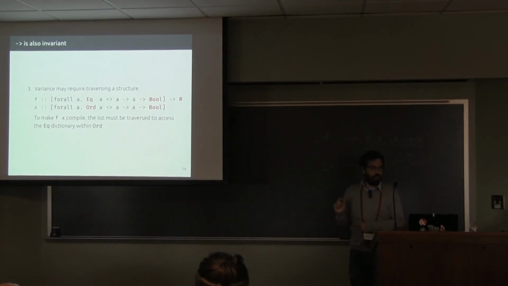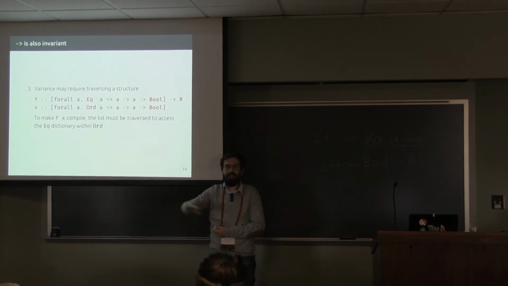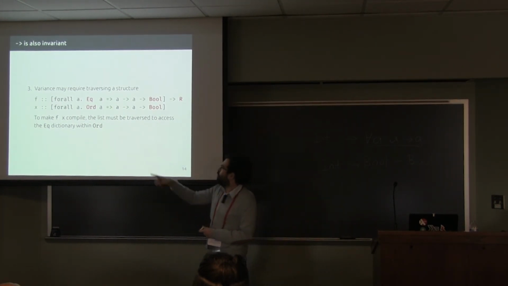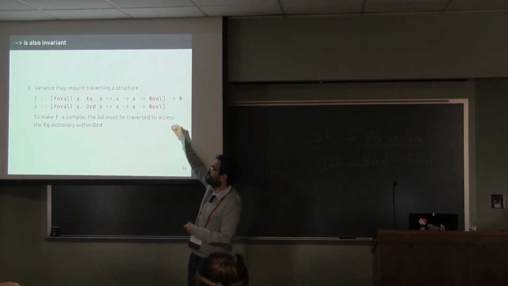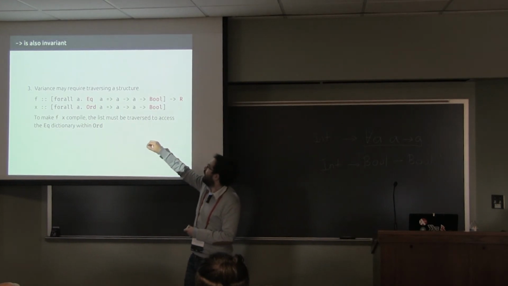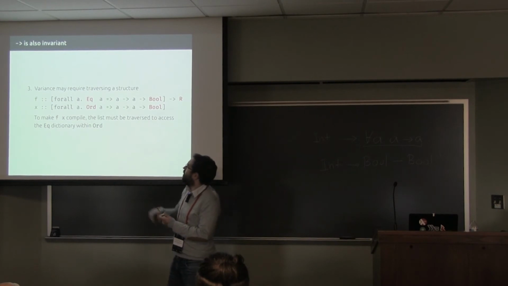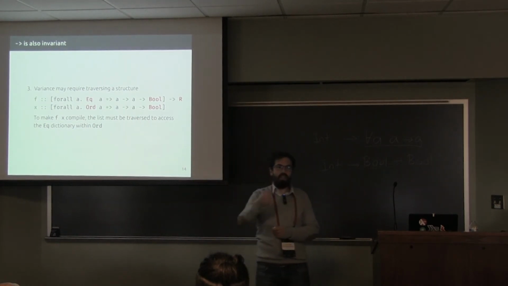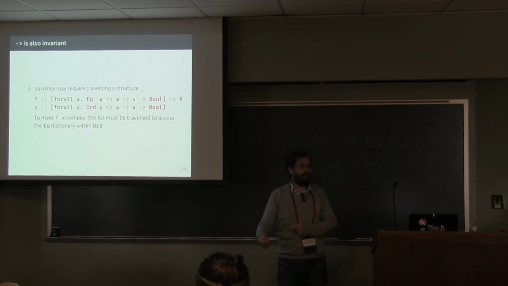But actually, you don't want to do this. Because if you were to turn this thing into this thing automatically, well, it might look automatic from outside, but actually there is work to be done at runtime. If you want to turn this list into this list, you have to traverse all this list and turn every call in which you use this Ord thing into now one which extracts the dictionary of equality from the dictionary of Ord and use only this. So there is really some work to be done there.